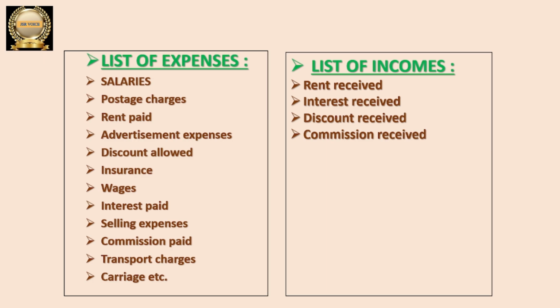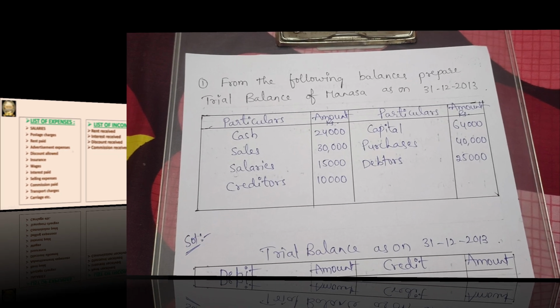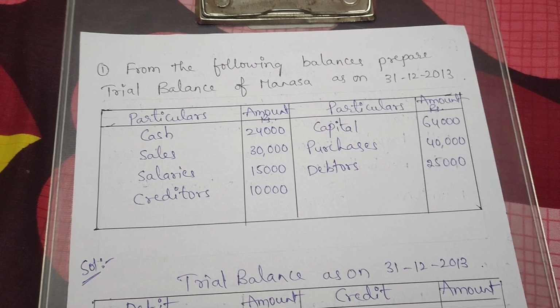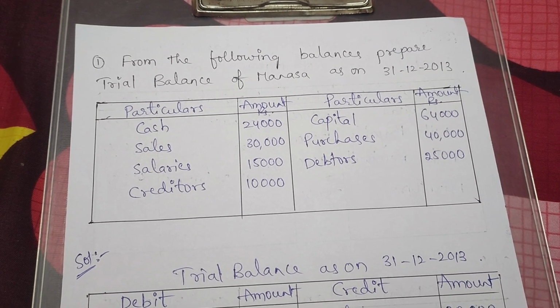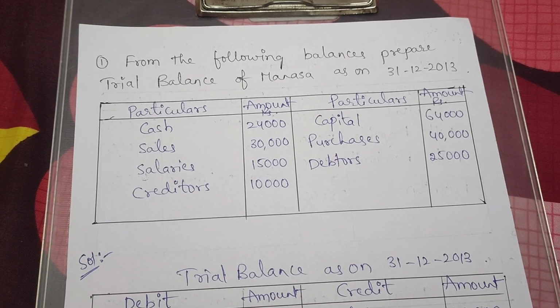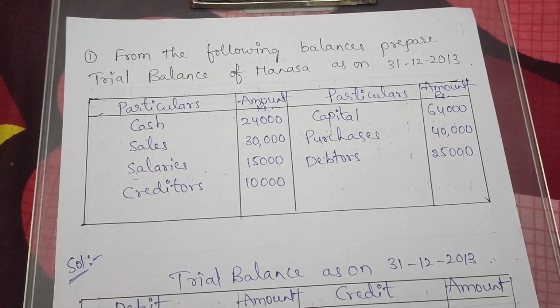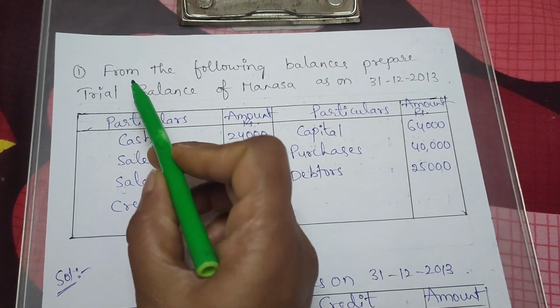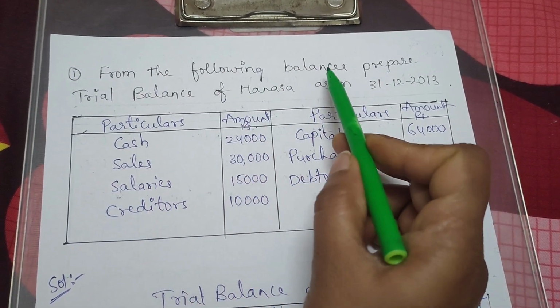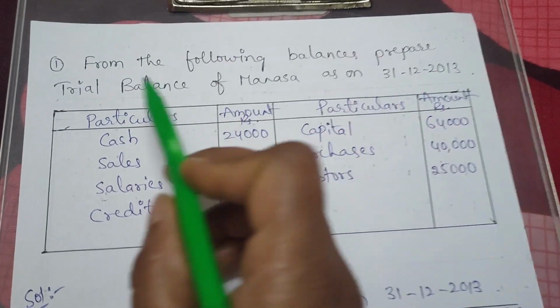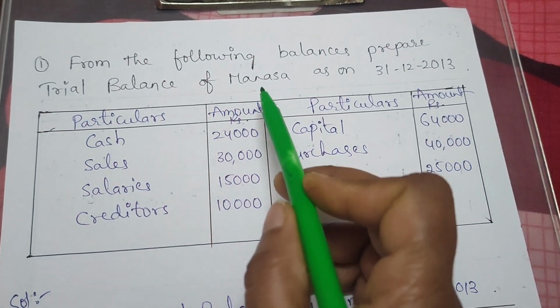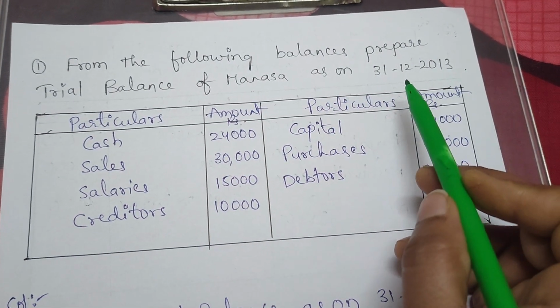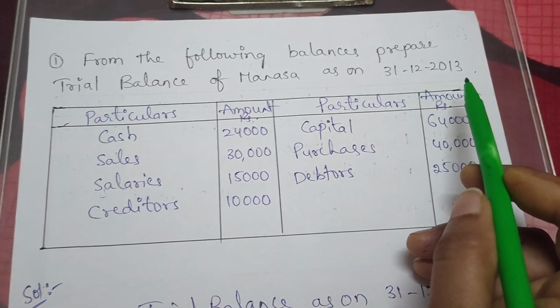Let us move to the next one. Let us discuss solutions for a few problems in preparation of trial balance. Let us read the question. From the following balances, prepare the trial balance of Manasa as on 31st December 2013.